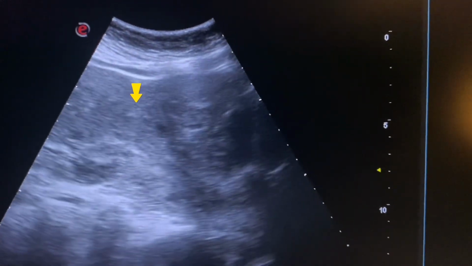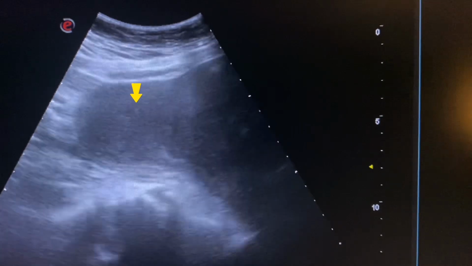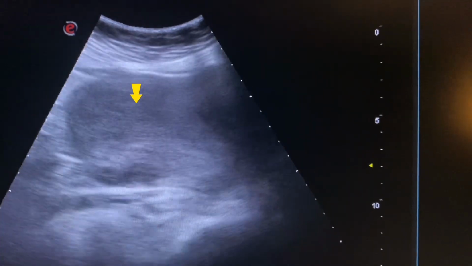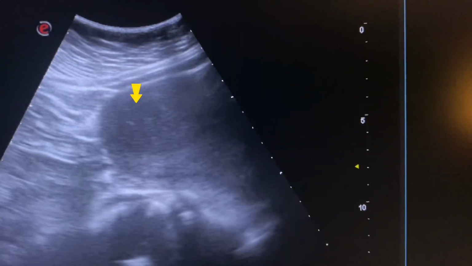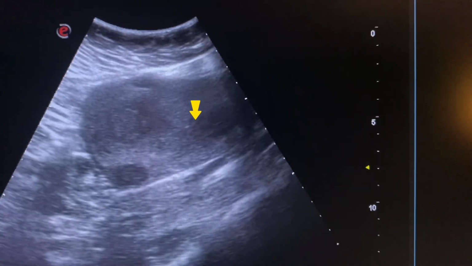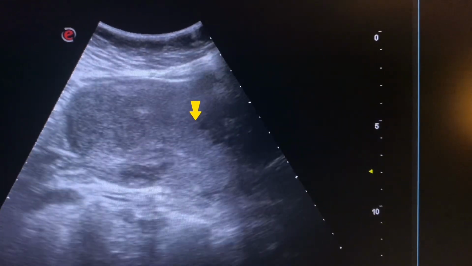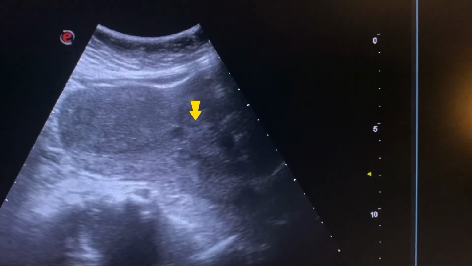Here we see the mass lies anterior to the uterine wall, which encompasses the uterus or completely covers the uterine wall.